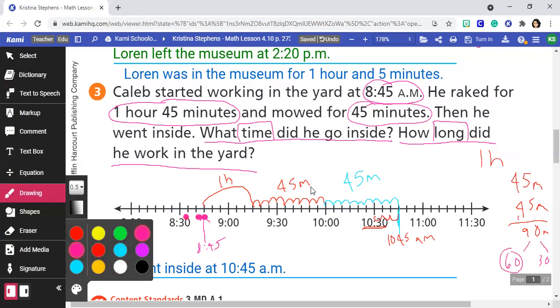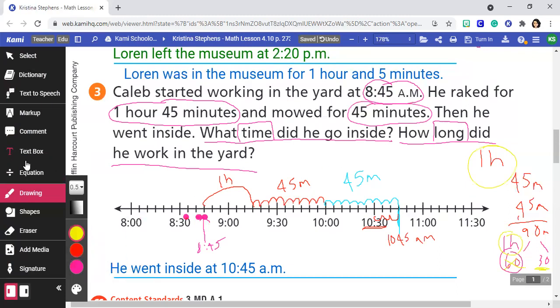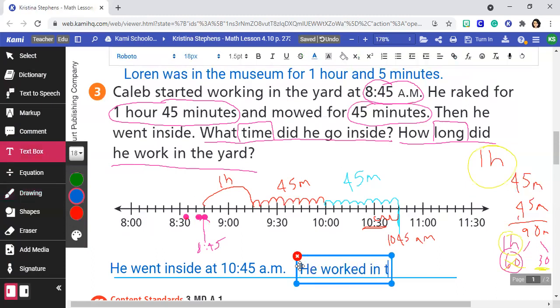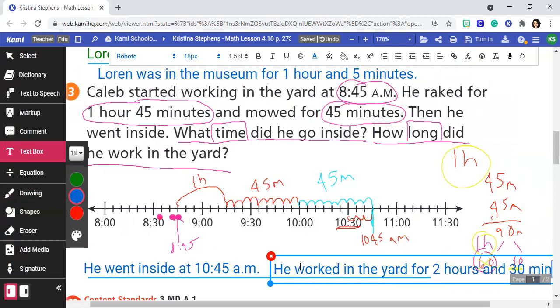And so this is going to be converted into another hour. So now I've got 1 hour, 2 hours, and 30 minutes. How long did he work in the yard? He worked in the yard for 2 hours and 30 minutes.